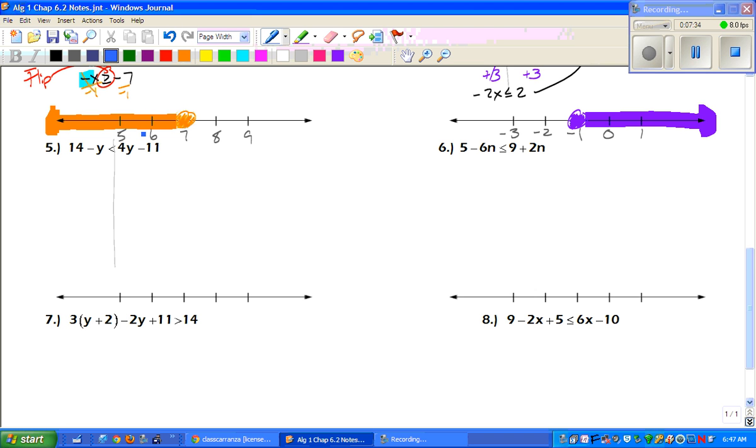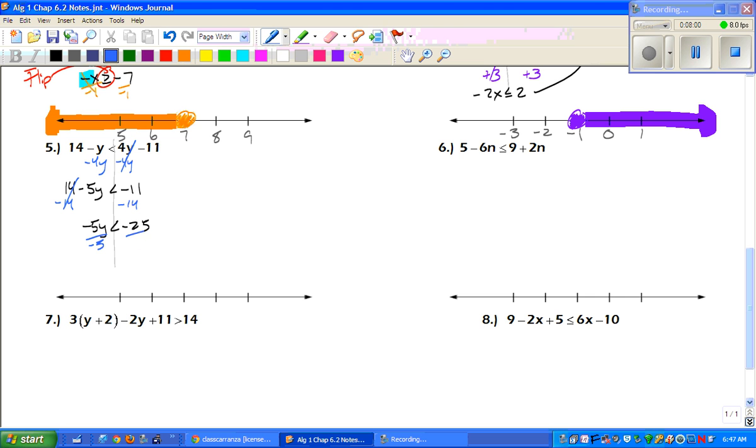Okay, so we do not need to distribute, we do not need to combine. We can subtract the 4y to the other side, so we get 14 minus 5y is less than -11. Subtract the 14 from both sides. -5y is less than -25.